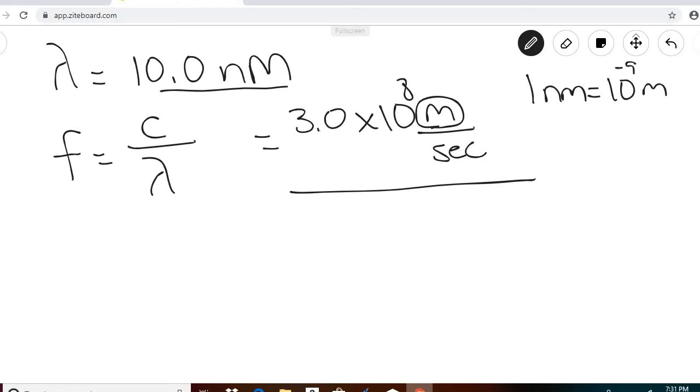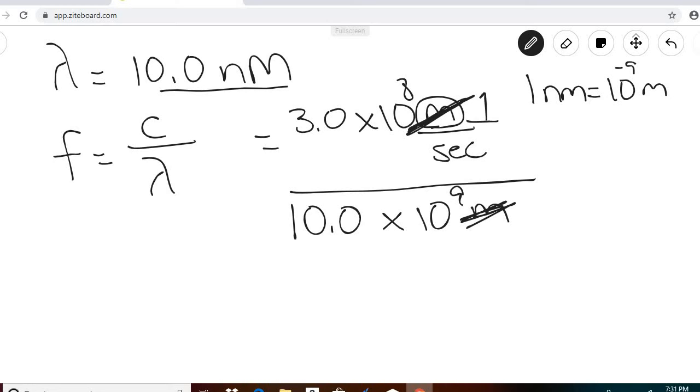So however many nanometers, you just multiply that by 10 to the negative 9th power. So this is going to be 10.0 times 10 to the negative 9 meters. Meters divided by meters is 1, so that's 1 over seconds, which is a hertz. So your units are going to be hertz.